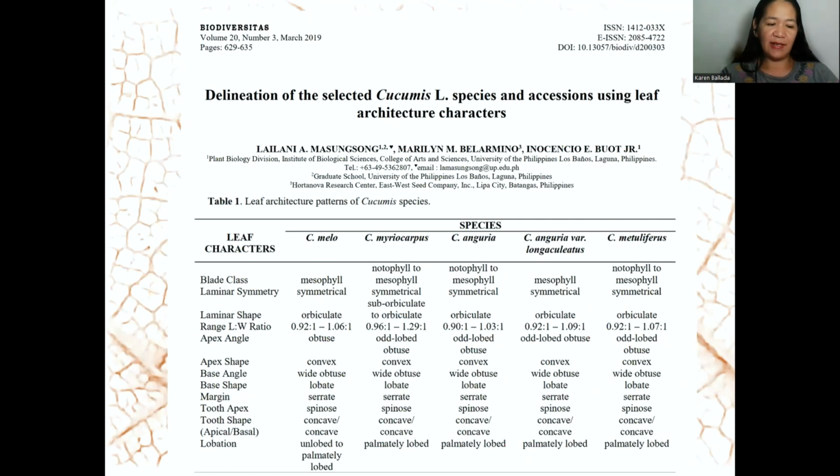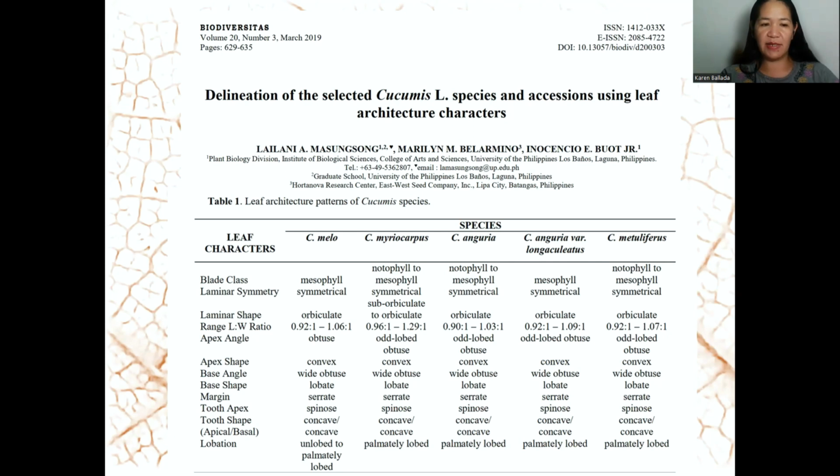Now, in a study by Masungsong and company, many species and varieties of Cucumis have emerged and are being cultivated all over the world because, as I did mention earlier, of their economic importance. And regardless of the several attempts of the early and recent studies to separate the wild species of Cucumis from the cultivated ones, there's still taxonomic confusion brought about by the similarities in the morphology of the genus.